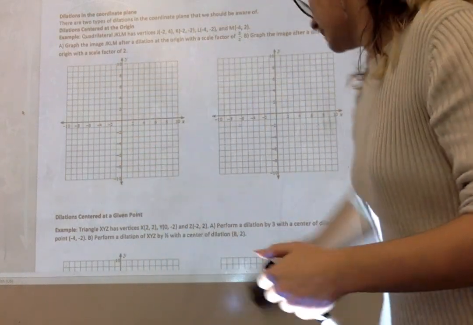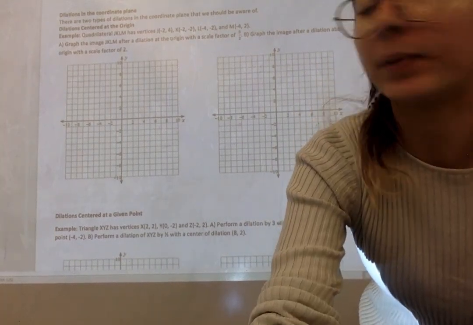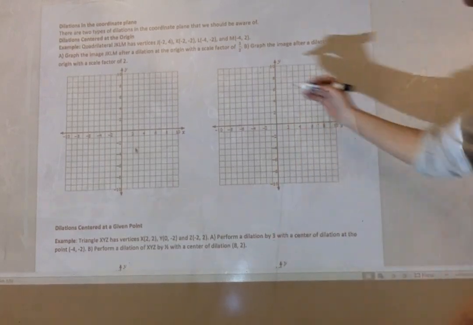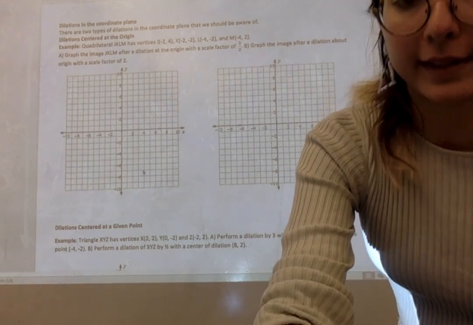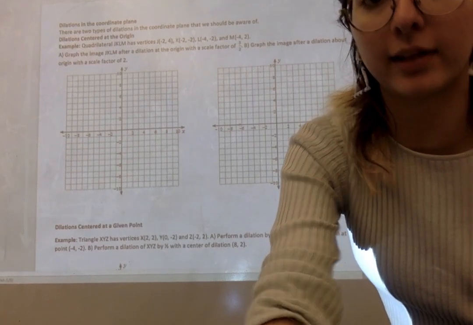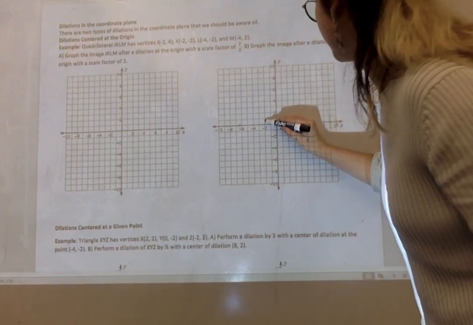Okay. So first thing I got to do is just read the coordinates for JKLM. It's J at -2, 4. I need to pull up my camera here. No, I clicked on the wrong thing. Okay. J at -2, 4.